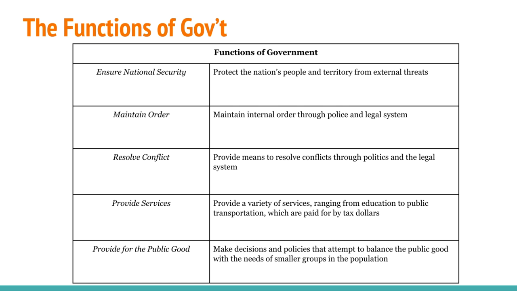The U.S. has several Navy fleets that patrol oceans all around the world, ensuring that American interests are protected. It's very unlikely that we will ever be attacked on our own shores because we're very good at defense as a country. And that comes from the first function of government, which is to ensure national security.